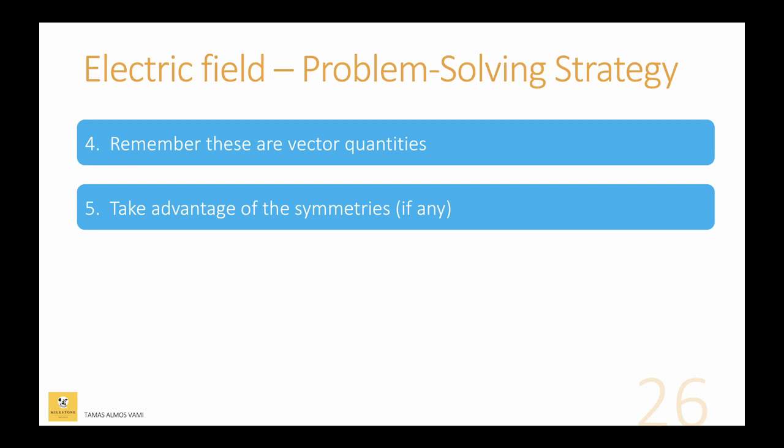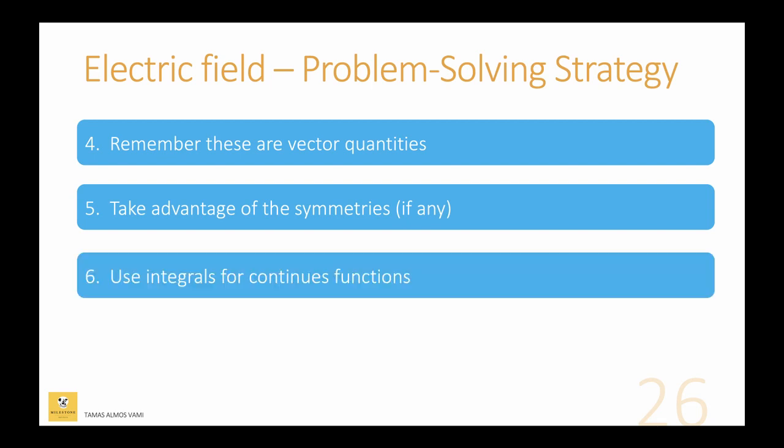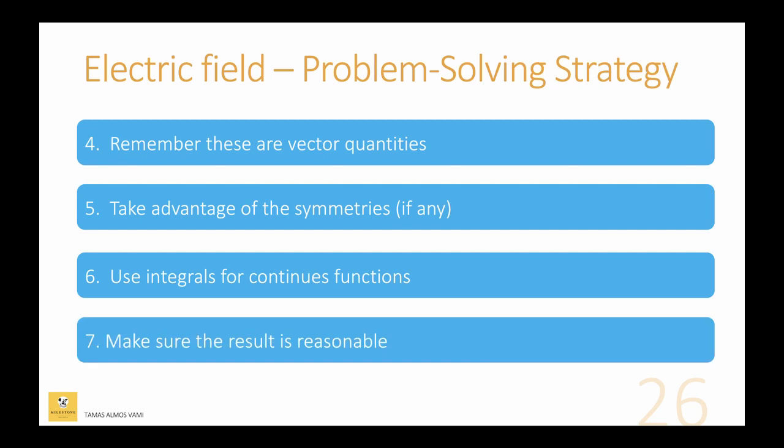And as I mentioned earlier, you should be taking advantage of any symmetries of the system. When you have a continuous function, then use an integral to get the results. And if you have a discrete system, then just sum the charges up and the vectors. And in the end, you should always make sure that your answers are reasonable.